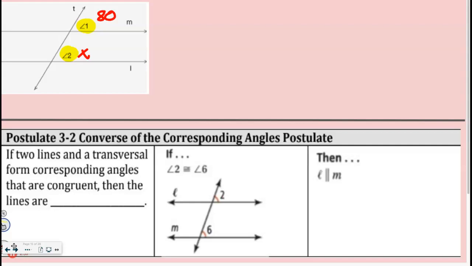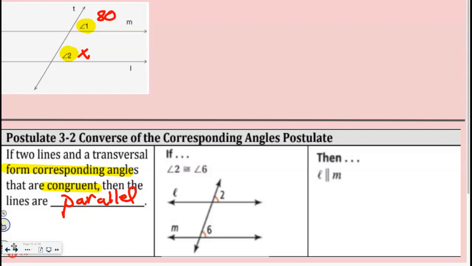What they're going to ask you to do today is to force the lines to run parallel. And you're going to look at that and say, well, for corresponding angles from yesterday, we need those to be congruent. So if they are, we can say that the lines run parallel. Any other number but 80 in there for angle 2, L and M will cross at some point.